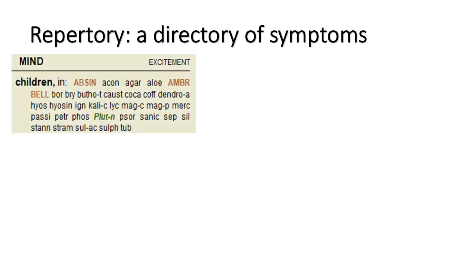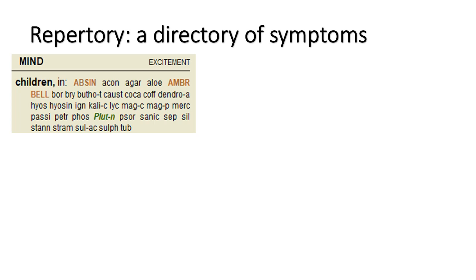We also talked about something known as a repertory. This is quite the opposite of materia medica. While materia medica was a directory of medicines, repertory is a directory of symptoms. I'll just explain this with a few examples. In the previous case, for example, in the repertory, that symptom about the child being excited will appear as mind, excitement in children.